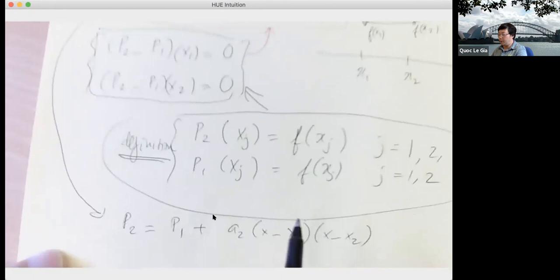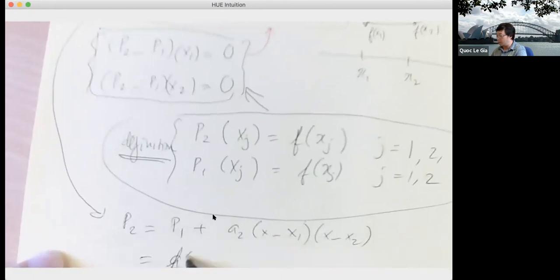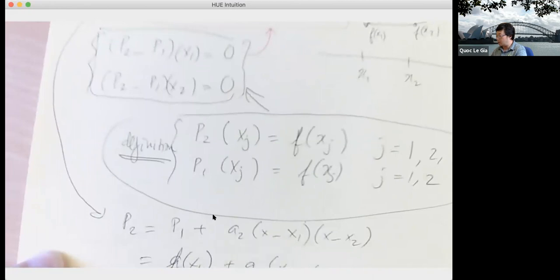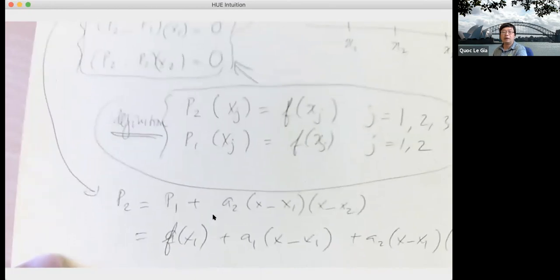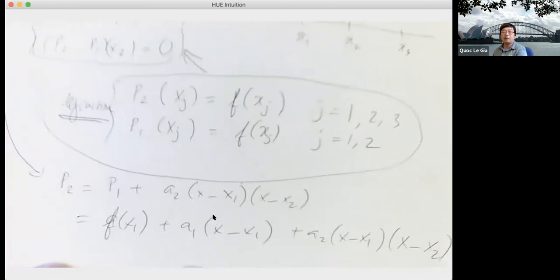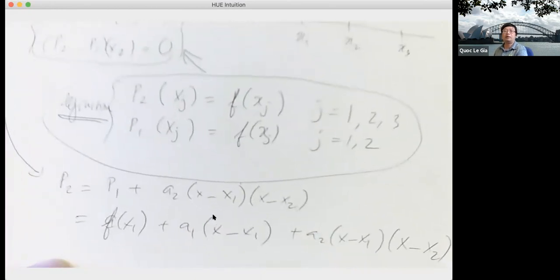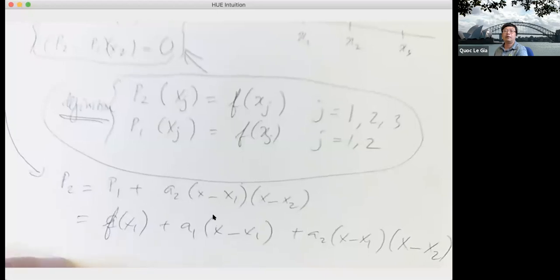And remember your P1, so P1 is just f of x1 plus A1 times (x minus x1), and then add A2 times (x minus x1)(x minus x2), right? I just expand everything, put them together. Okay. Yeah, does it make sense?